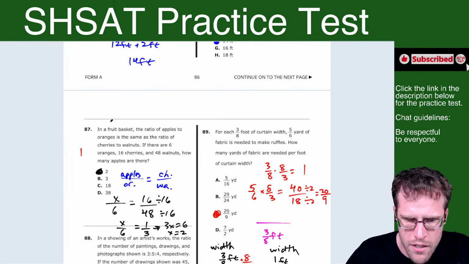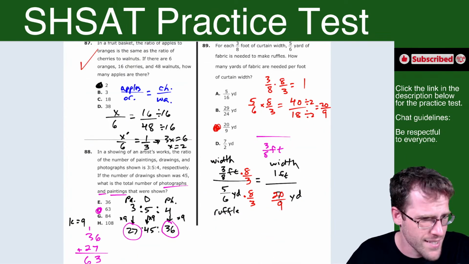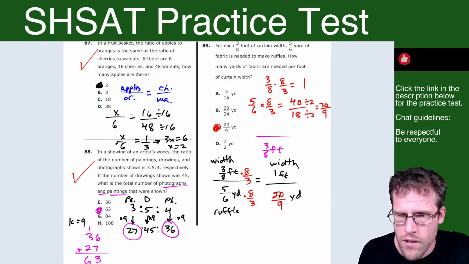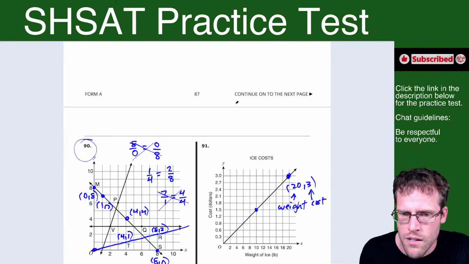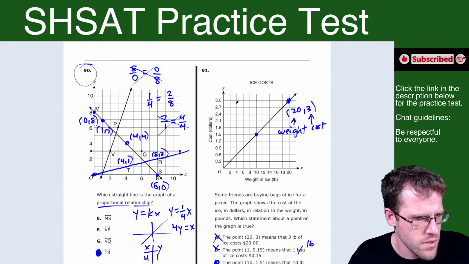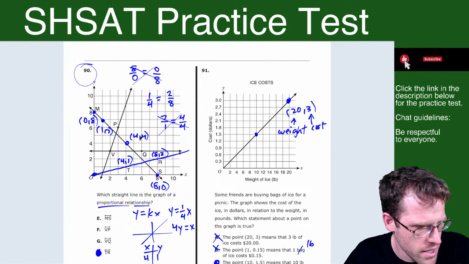87 is A. 88 is F. 89 is C. 90 should be H. Let's see, is it H?